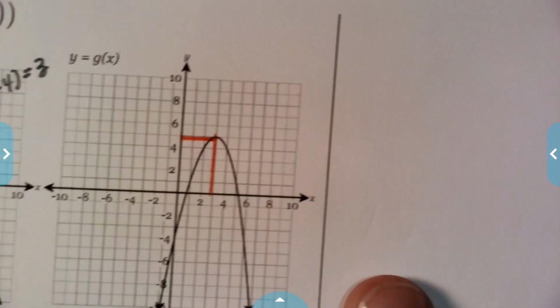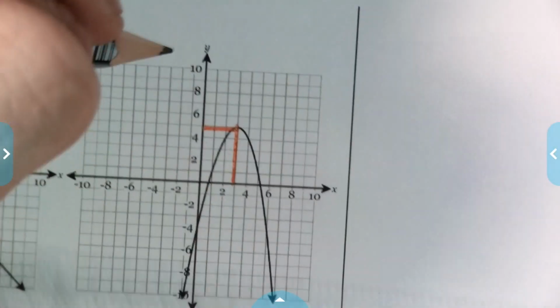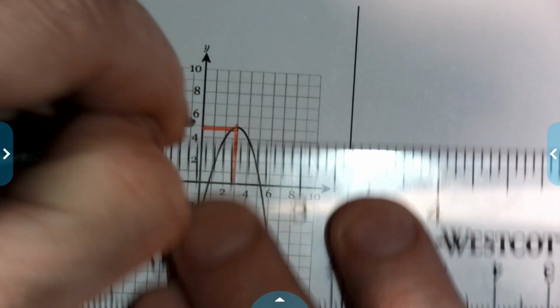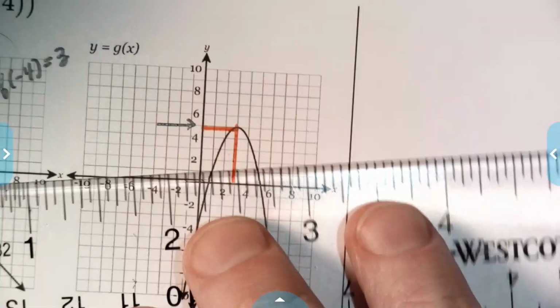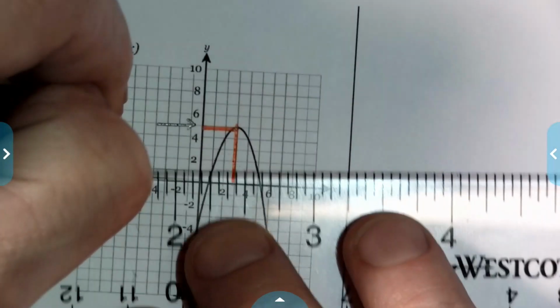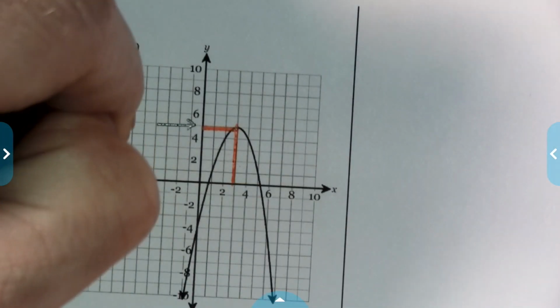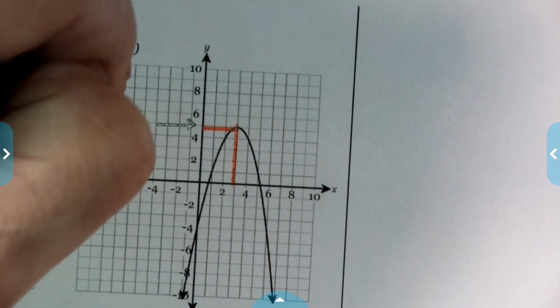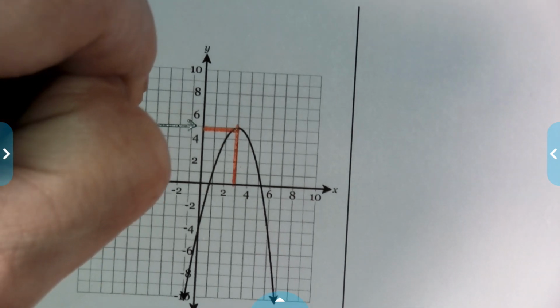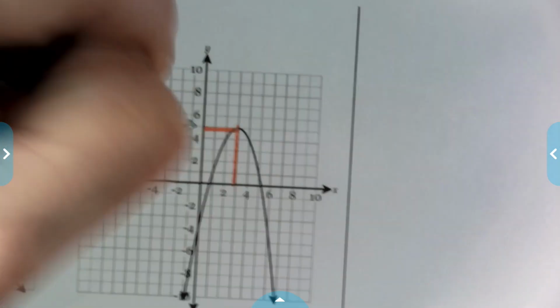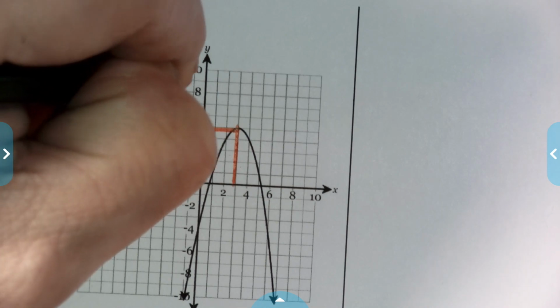And what value is that? Well, you could say g of 3 equals 5.